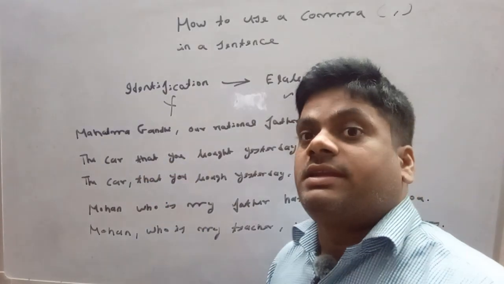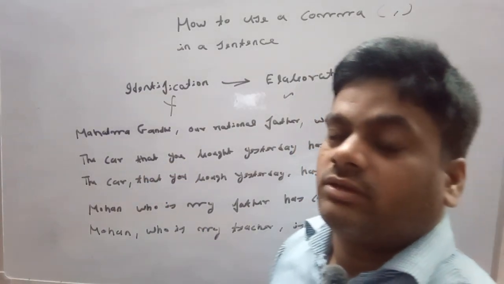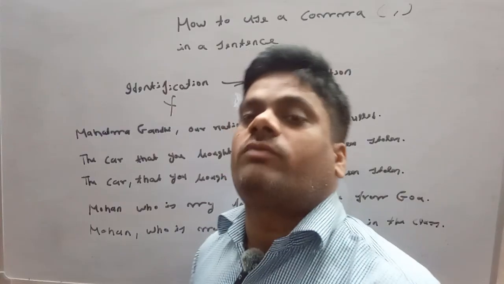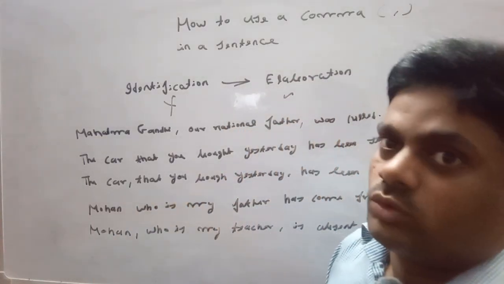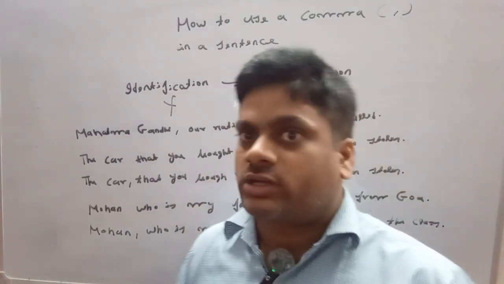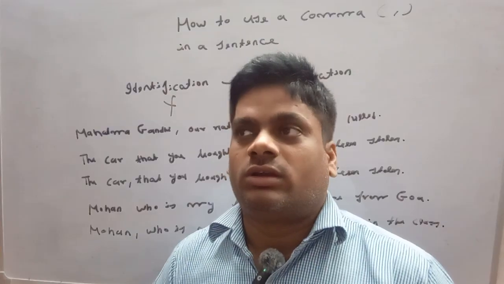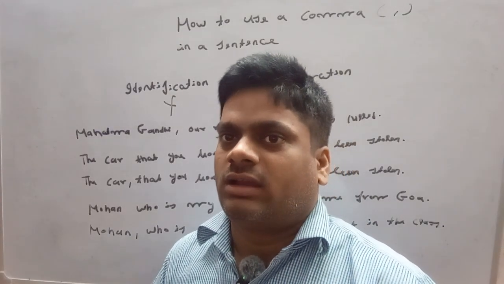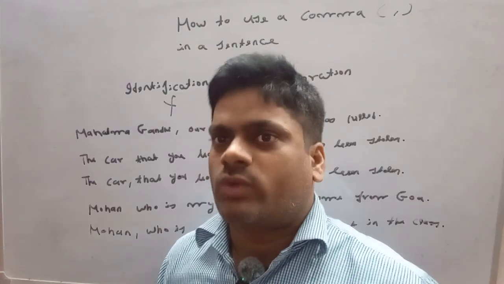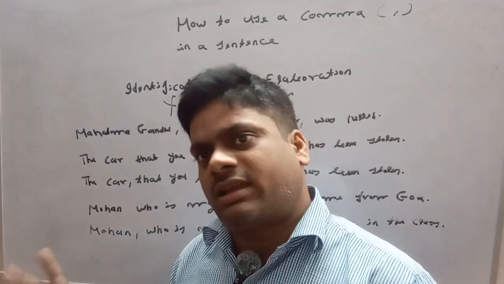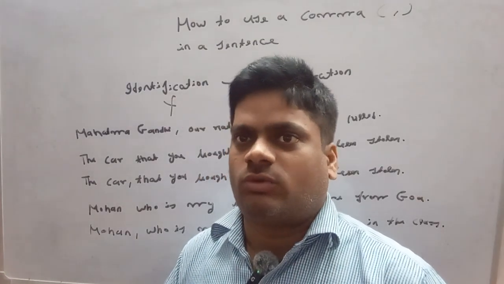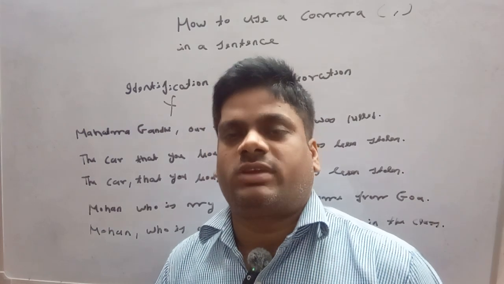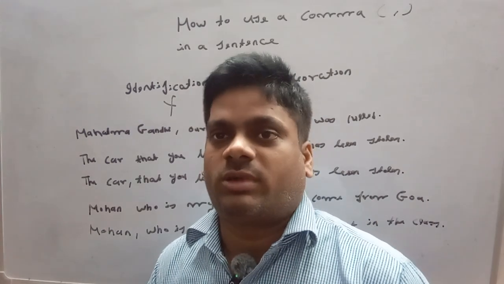It means in case of elaboration, if we are going to tell extra information about a noun which is not very important and which is known to everybody, then it can be kept under the category of elaboration of the noun. So in case of elaboration of the noun, we can use a comma in the sentence.